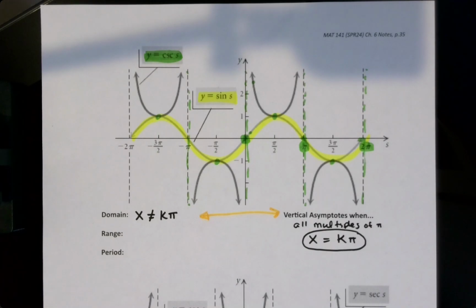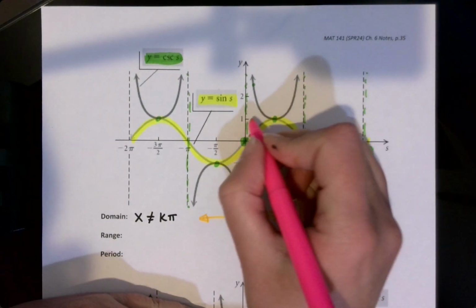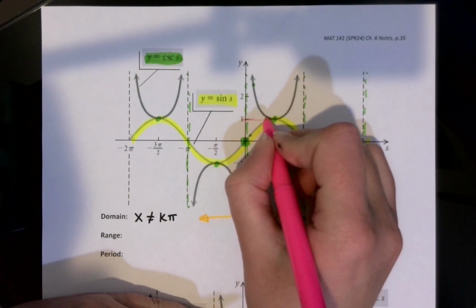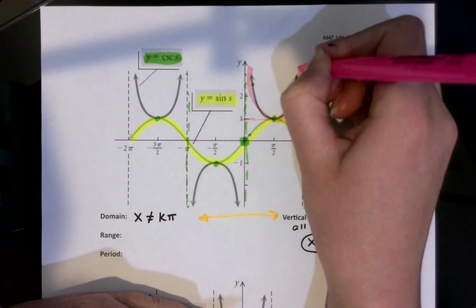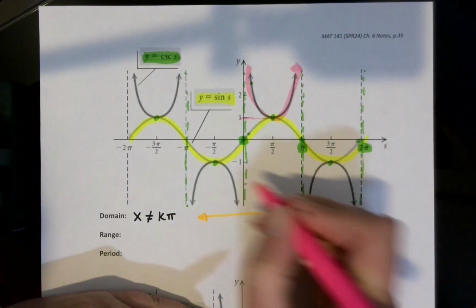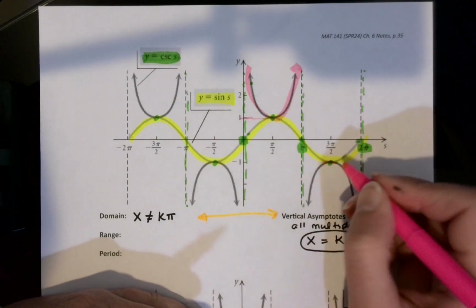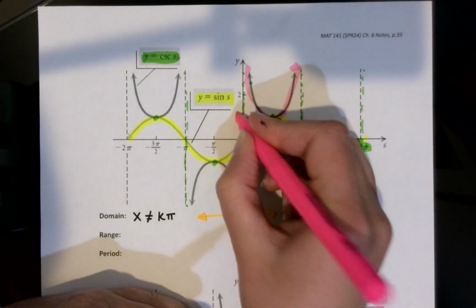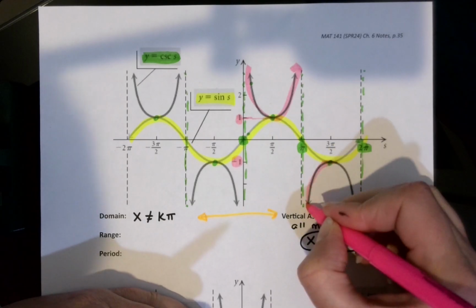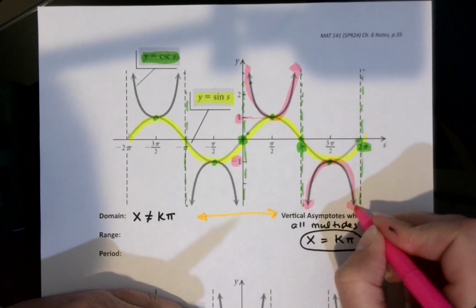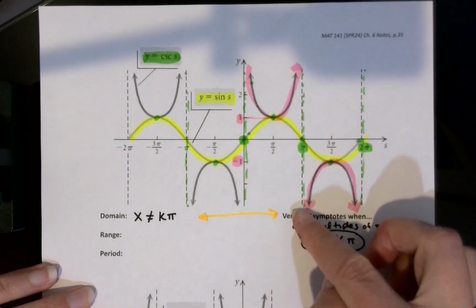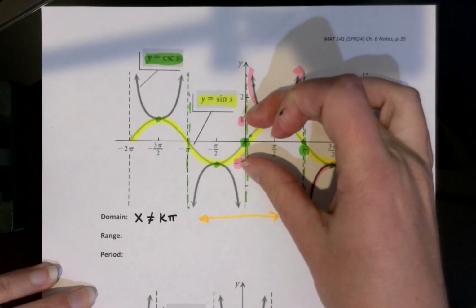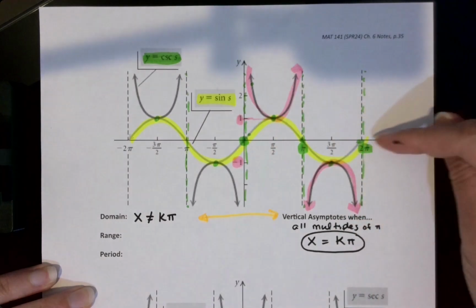Now for the range. Okay, if I look at this function, the lowest it is allowed to equal right here is -1, and then it goes up to infinity. Then it is allowed later on to equal -1, and then it goes down to negative infinity. But nowhere is the graph of cosecant in between -1 and 1. It's not in that space at all.